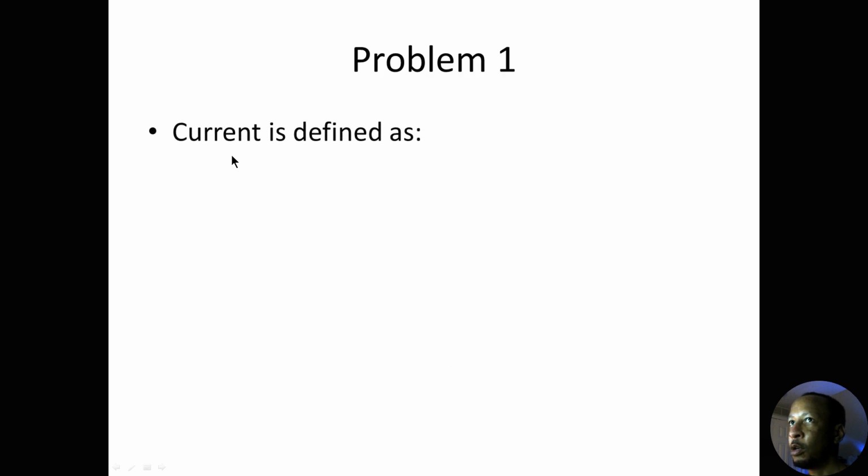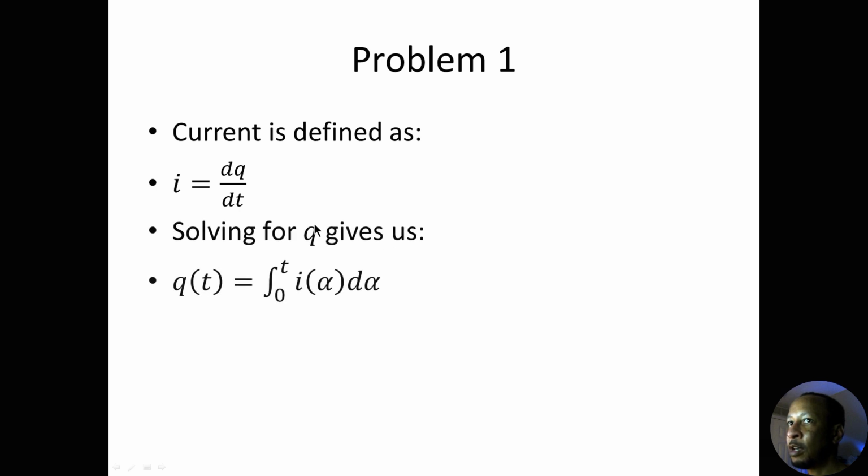You have your current going into this terminal, and you have your voltage across those two terminals there. Okay, so current is defined as i equals dq/dt. And so solving for q gives us q(t) equals the integral between the limits of 0 and t of i(alpha) d alpha. And so i(alpha) in this particular example is equal to 5.